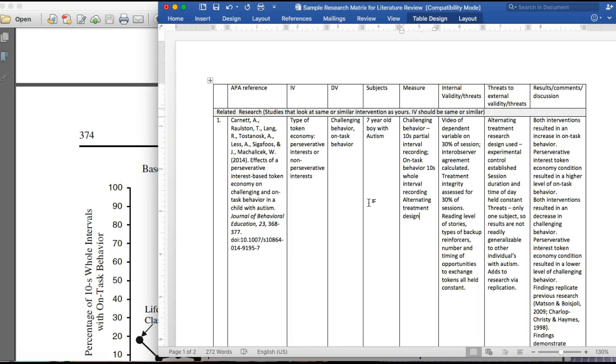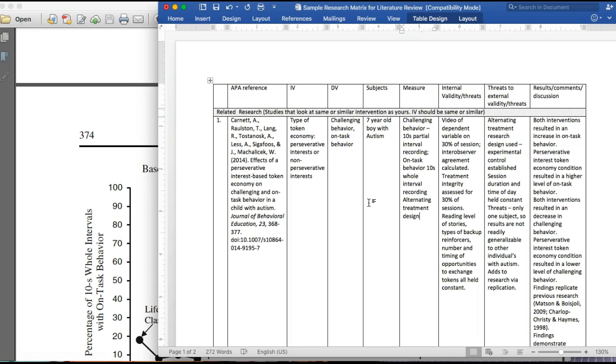So you can look at lots of different ways that challenging behavior and on-task behavior were intervened on, if your study is also going to be either reducing challenging behavior or increasing on-task behavior. So you can talk about lots of interventions that were used to do that.